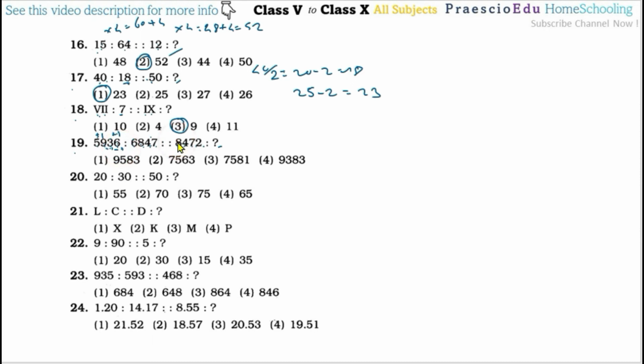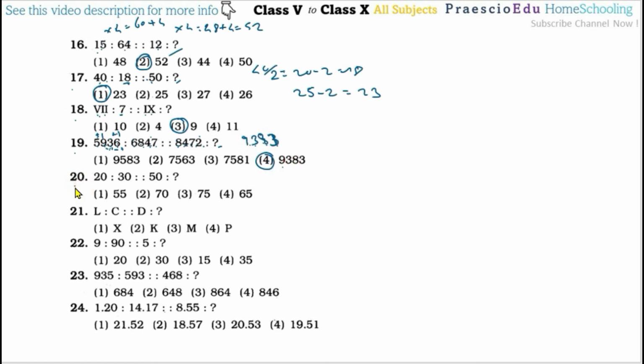So likewise 8 plus 1 is 9, then 4 minus 1 is 3, then 7 plus 1 is 8, then 2 minus 1 is, sorry, here addition of 1 means it's 3. So 9,383. So this is given in option number 4.